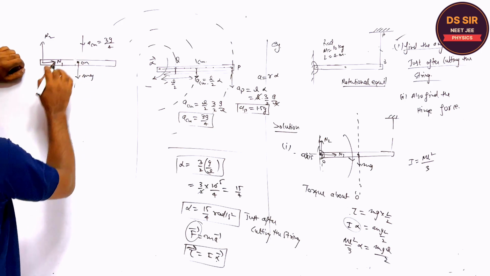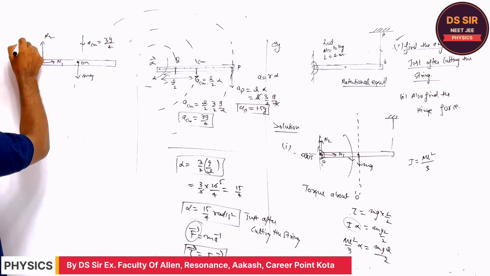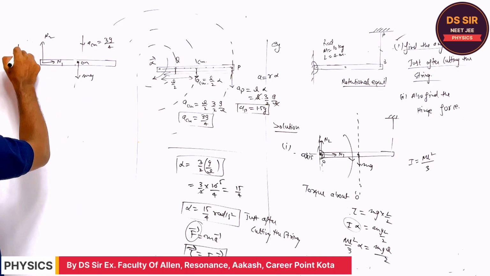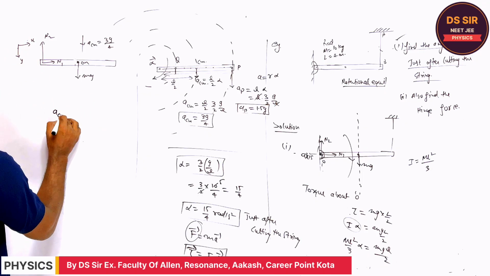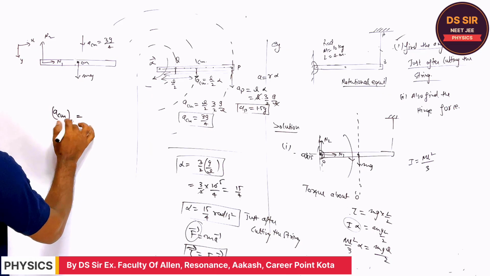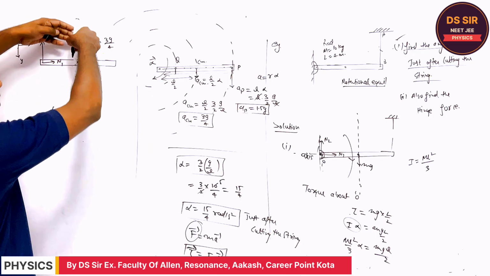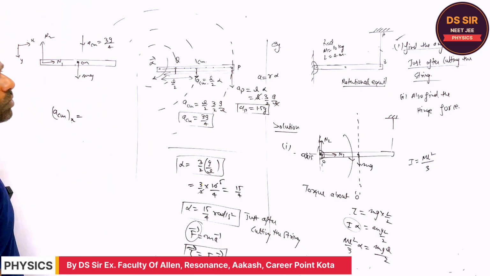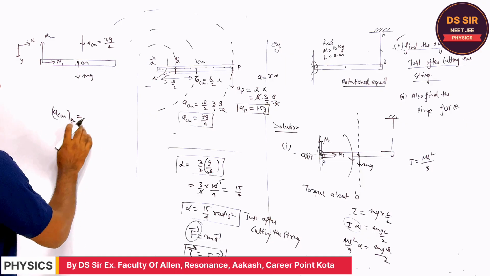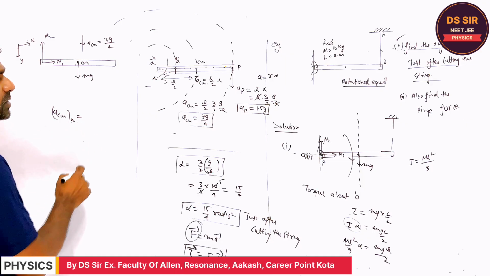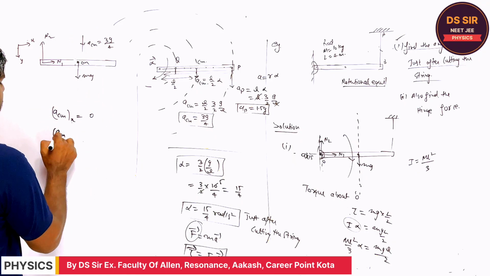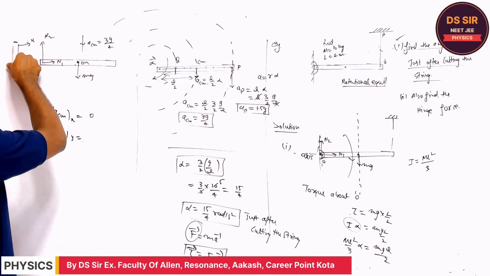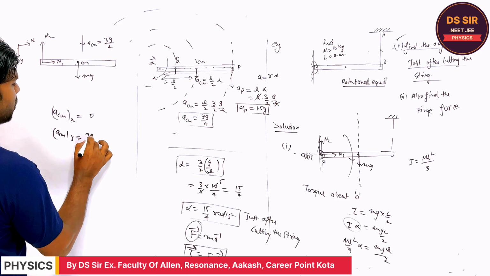If you choose this as the x-axis and this as the y-axis, what is the acceleration of the center of mass in the x direction? All the acceleration of this rod is in the downward direction. So the acceleration in the x direction is 0. Only the acceleration of the center of mass is in the y direction, equal to 3g by 4.